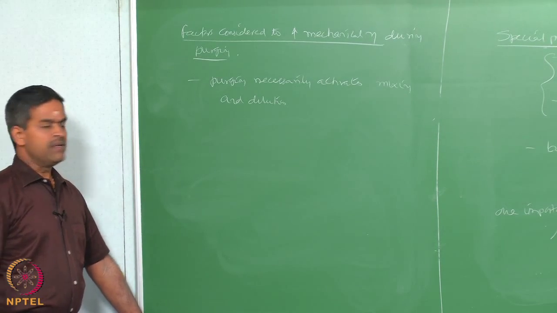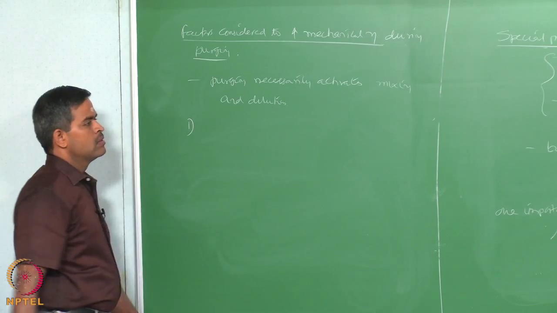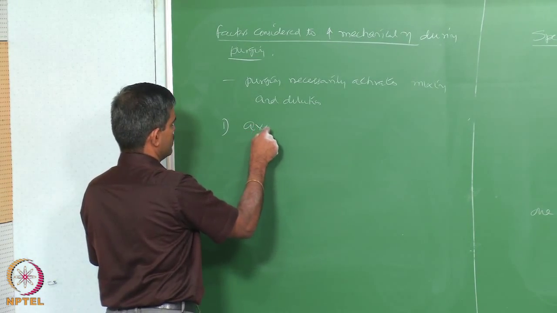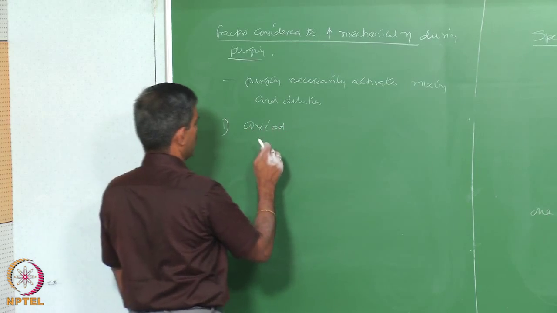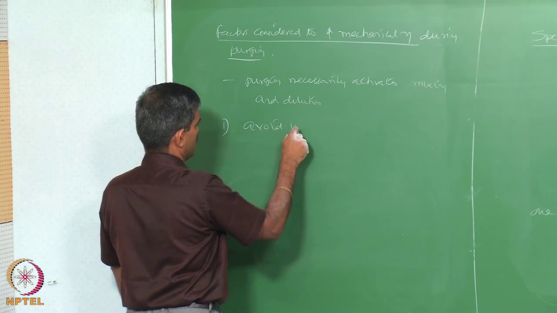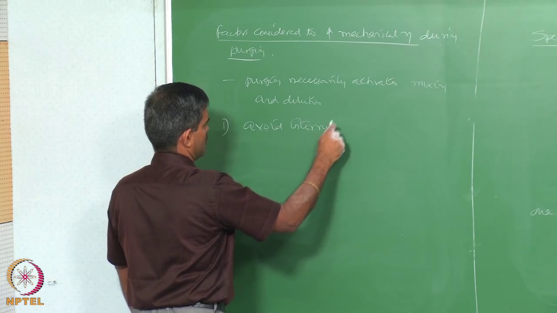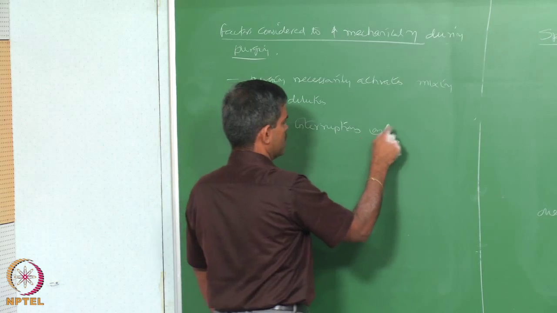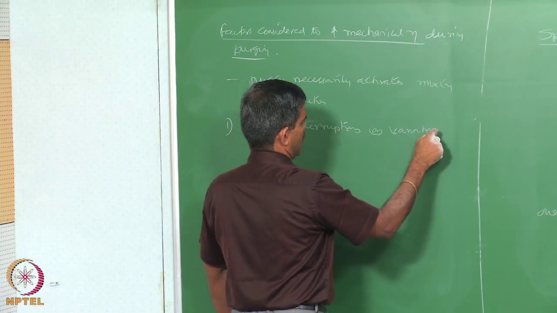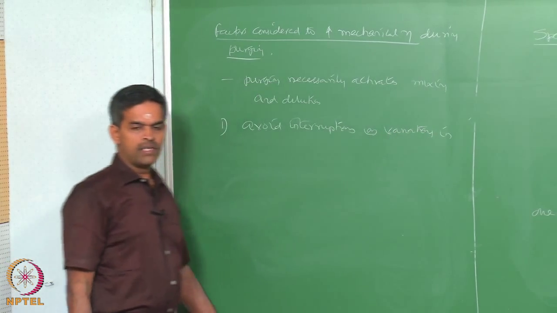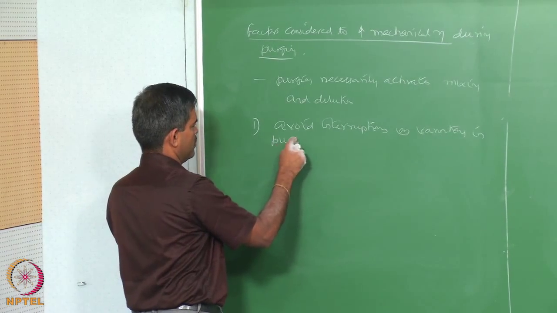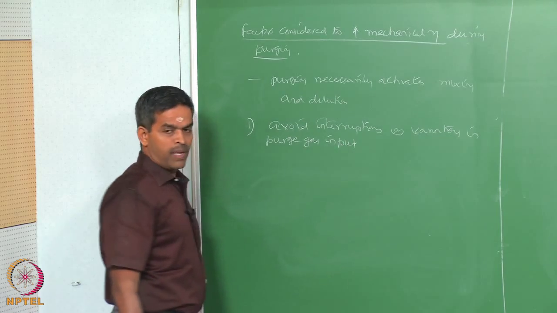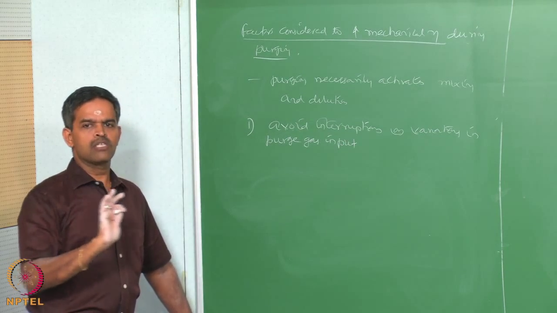To make it efficient, one can follow the following procedures: avoid interruptions or variations in purge gas input, so the purge gas input should be more or less continuous and constant.